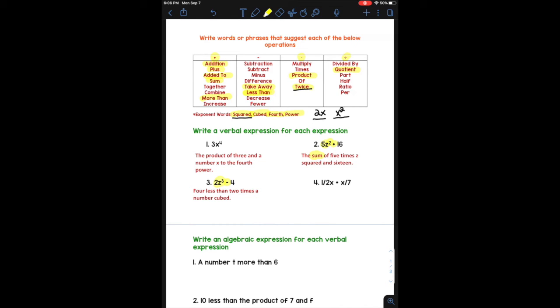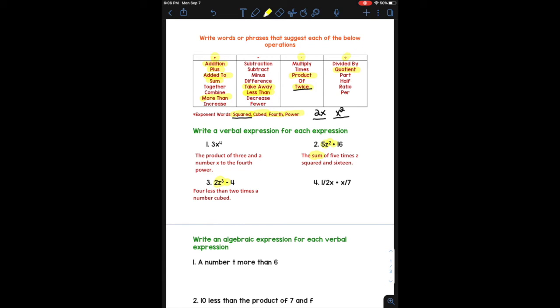Again, this is a little bit fancier. You could go left to right and just say 2 times z cubed minus 4. That's completely fine. You've got to just be careful with how you say subtraction phrases, because sometimes it means the reverse, or the terms are in switched spots.